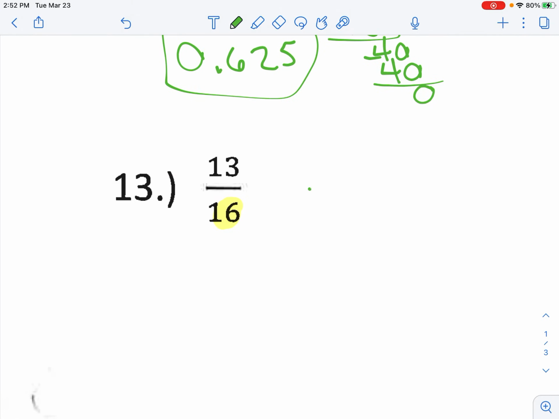16 is not a factor of 100. So we're going to do numerator divided by denominator. Add your decimals and your zeros.